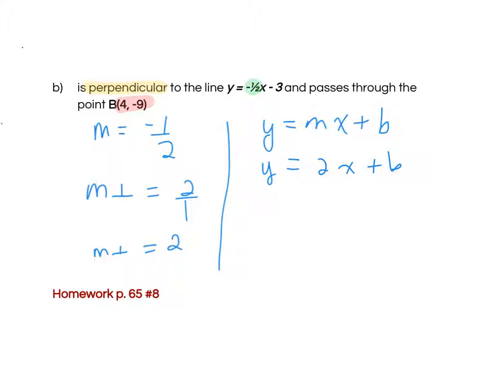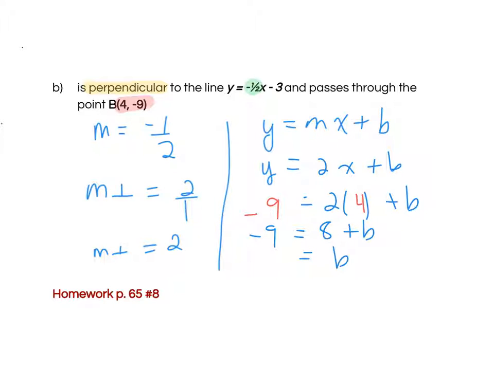So oopsies, let me switch to a better pen. So -9 is equal to 2 times 4 plus b. Let's clean this up. -9 is equal to 8 plus b.